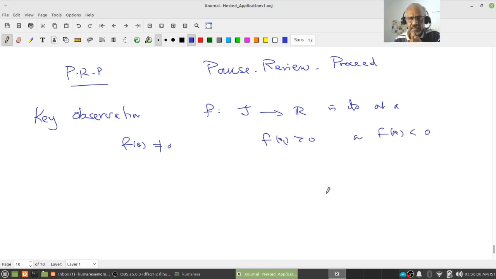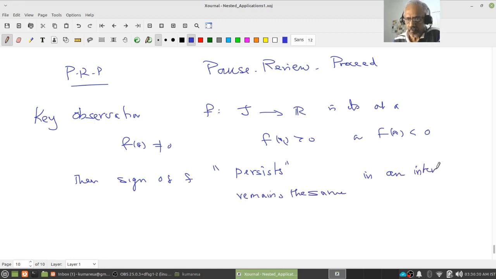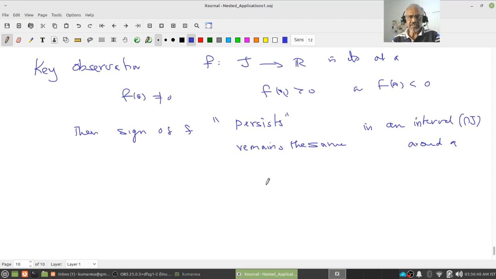Then what I want to say is that the sign of F remains the same in an interval, of course intersect with J, around A. I just said it intuitively, but let me explain that in detail.